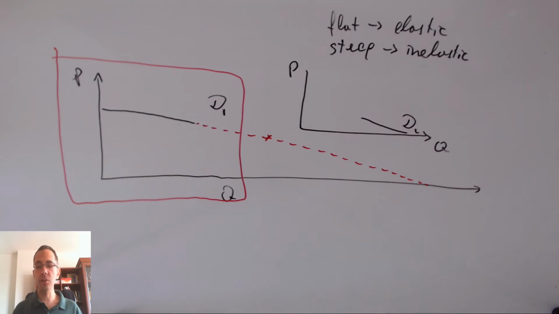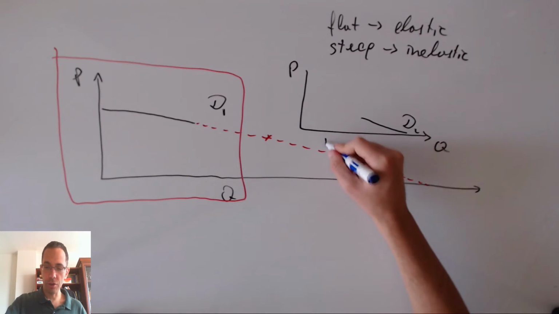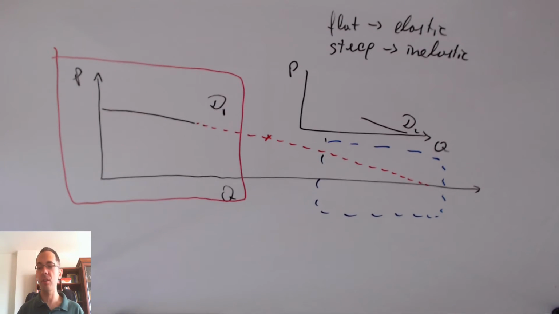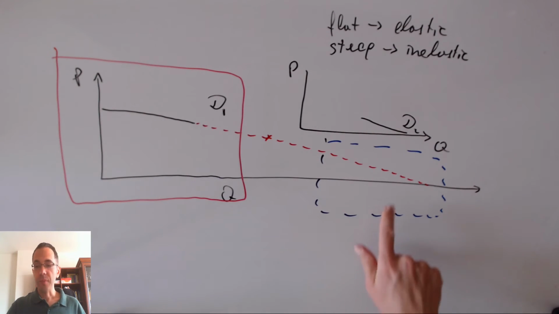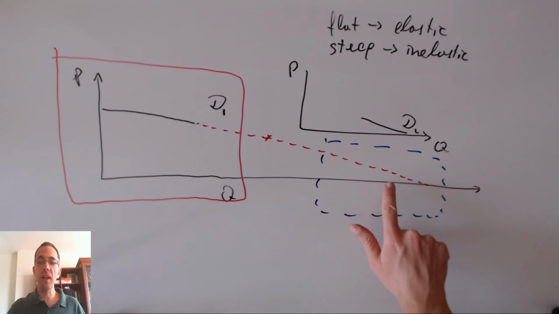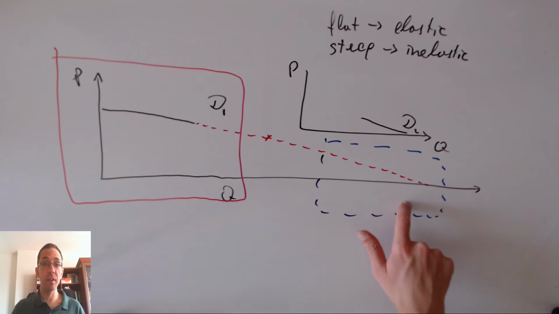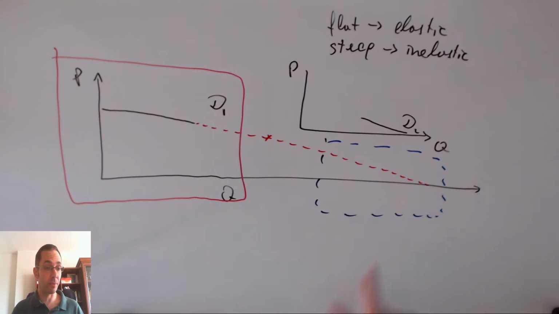I may not be doing a great job, but effectively what I'm trying to show you is this part over here. So let's say now I'm zooming on this blue rectangle. Just because this may seem flat, it does not mean that it is elastic. It will be inelastic because we are at this end of the demand curve.